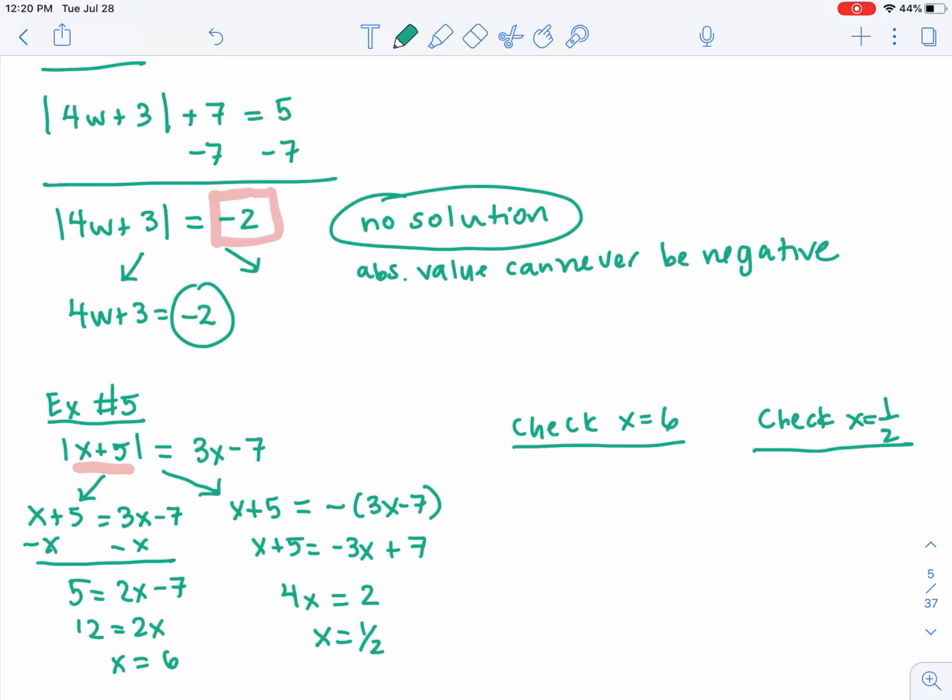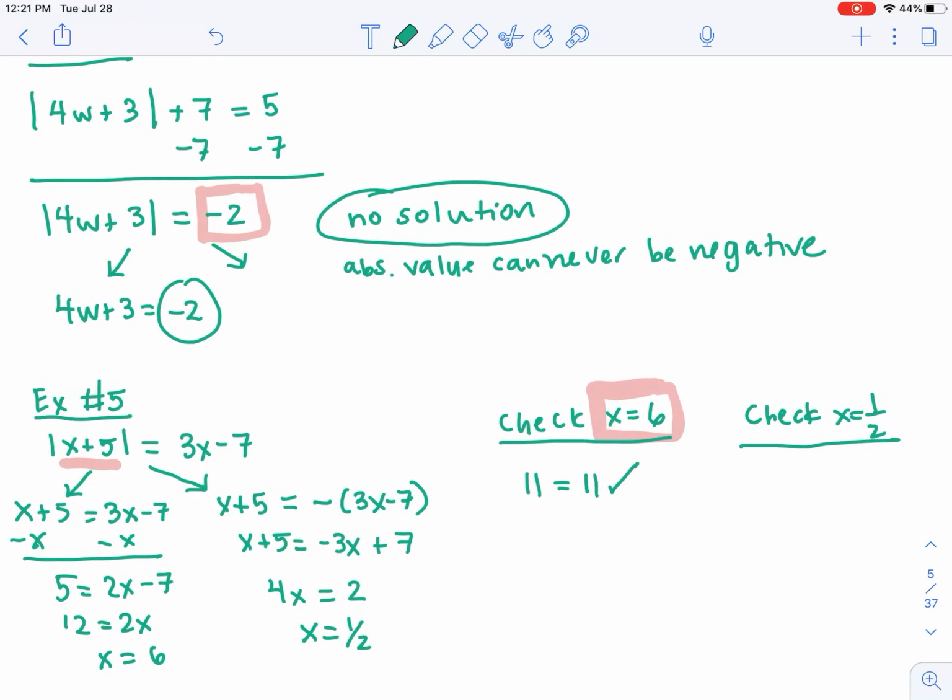If you plug it back into the equation and the equation makes sense, it's true, then it is a solution. So if you want, go ahead and hit pause and see what answer you get. You should have gotten, if you plug 6 in, that 11 equals 11. Well, that makes sense. So that means that x equals 6 is a solution to the problem.